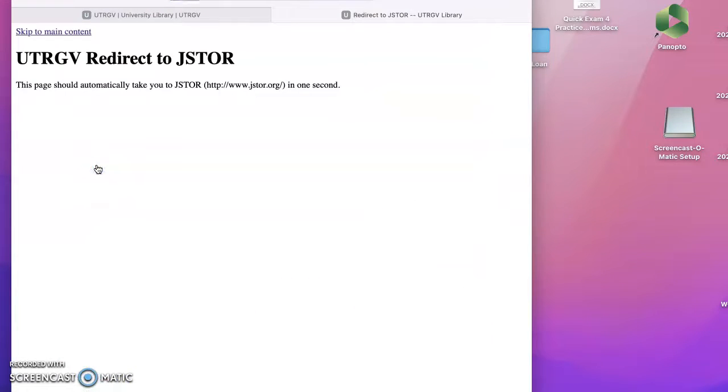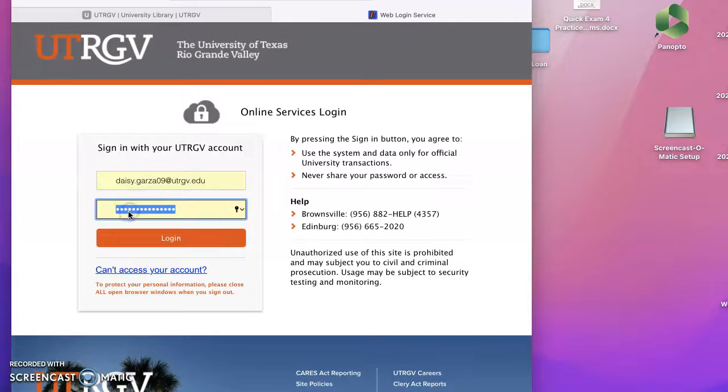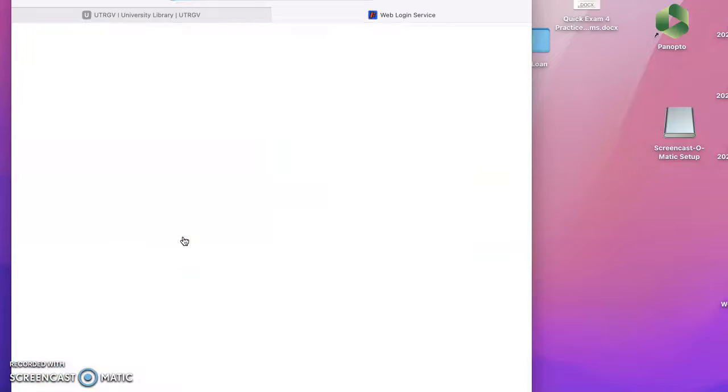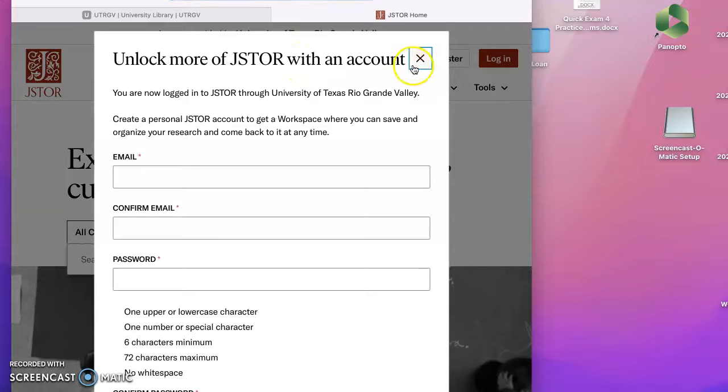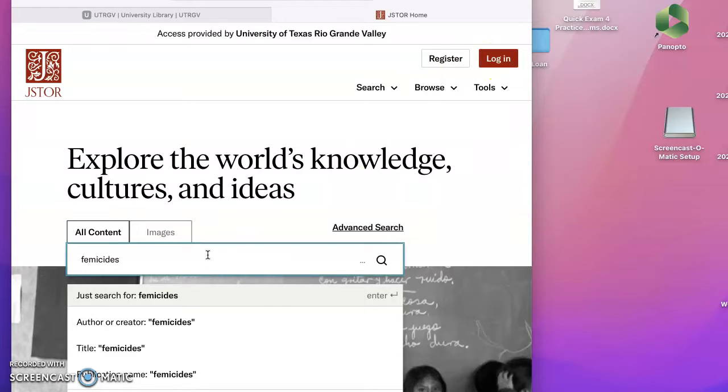I kind of like using JSTOR all the time instead of the other one, I forgot what it was called, EBSCO, something like that. I just typed in keywords, which were femicides, and I was doing it on Mexico.